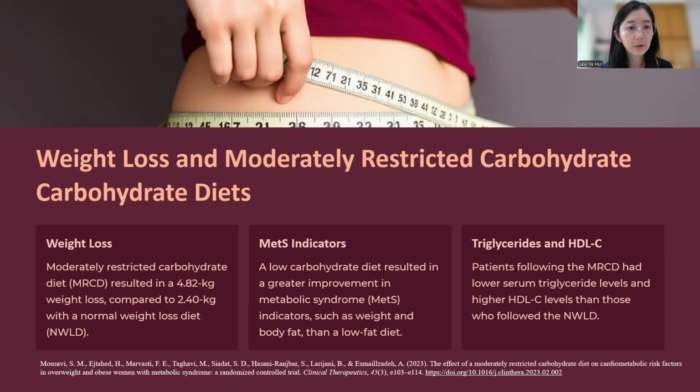So this moderately restricted carbohydrate diet can actually help to reduce weight. And research also found that a low carbohydrate diet can improve metabolic syndrome indicators, for example weight and body fat, compared with the low-fat diet.